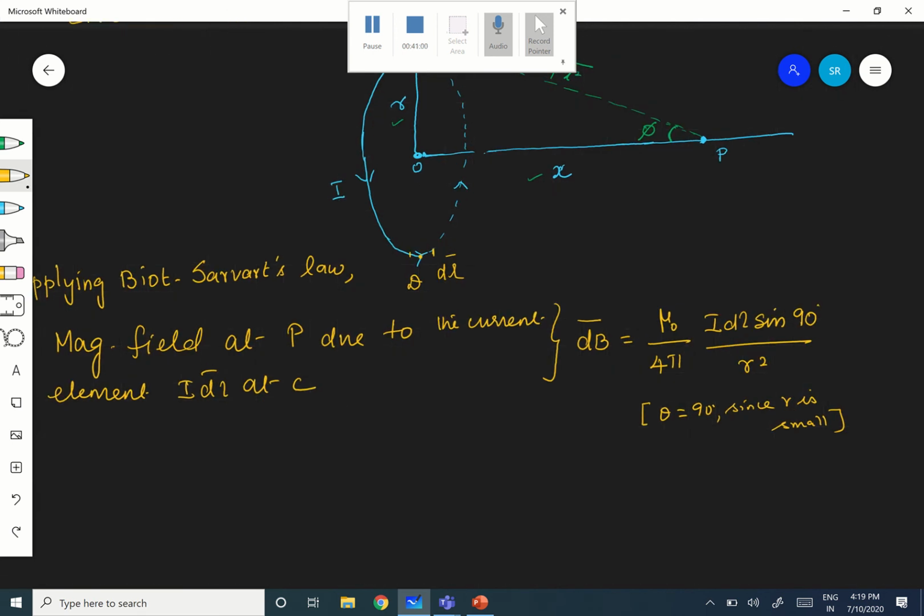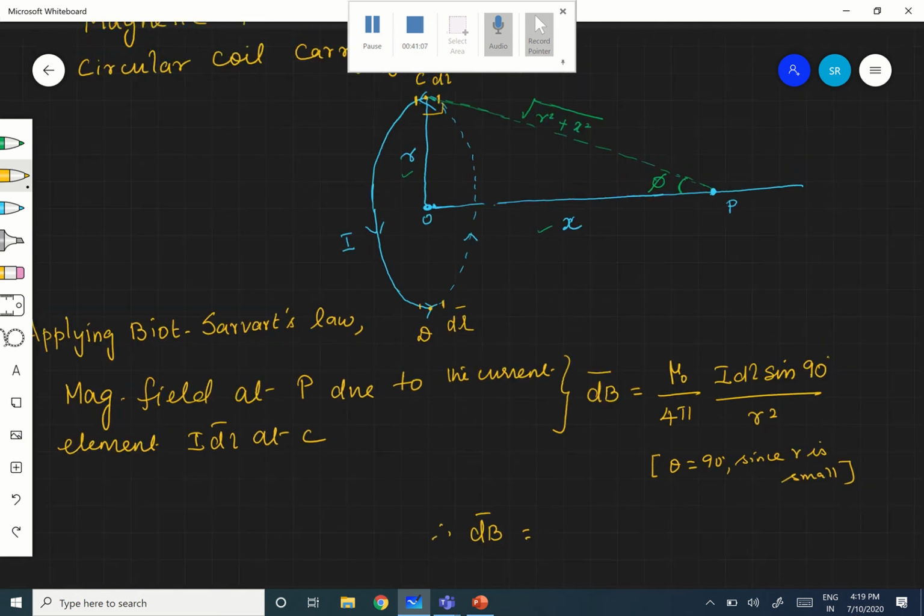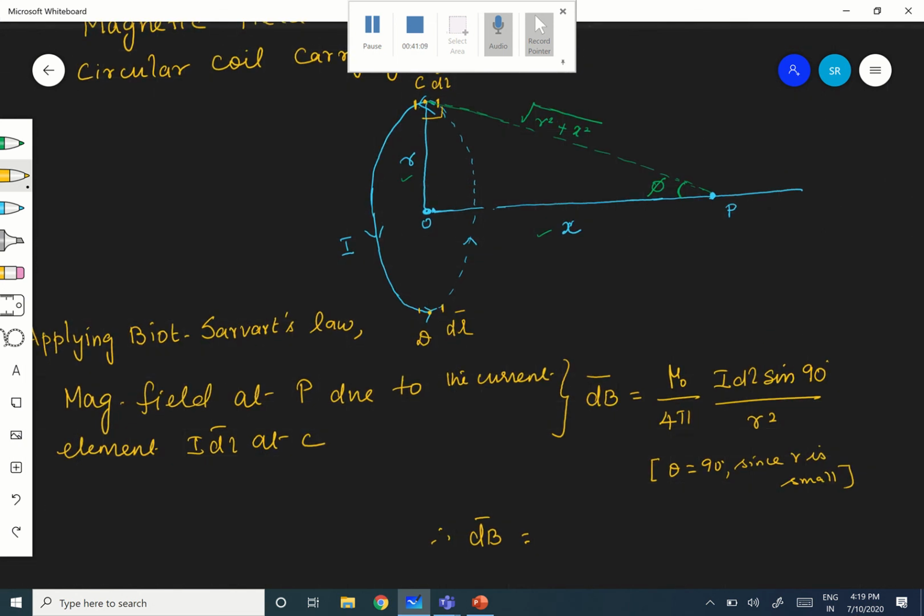Therefore dB is equal to, are you following? Actually the denominator is not R squared; here the distance is what matters. What is the distance between C and P?